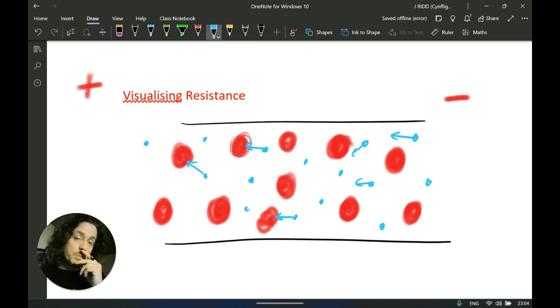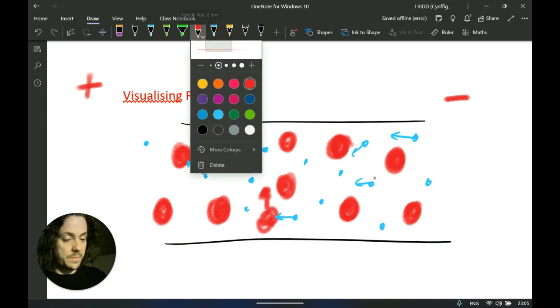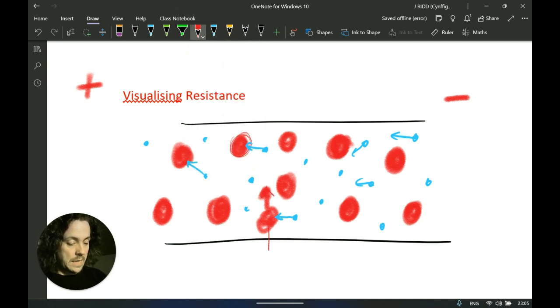Now, here's where the temperature part comes in, because when my electron collides with the ion, it's going to impart some of its kinetic energy. These ions will then gain that energy, so energy is transferred. And when energy is transferred, it will cause them to vibrate, oscillate and move about.